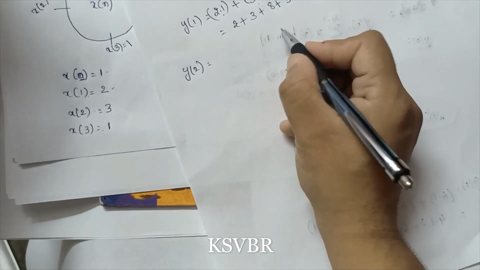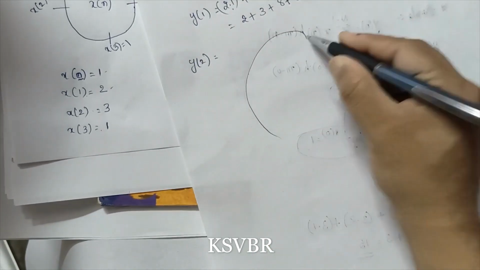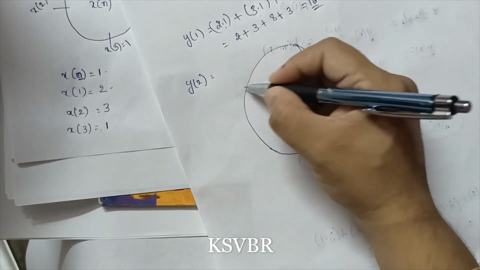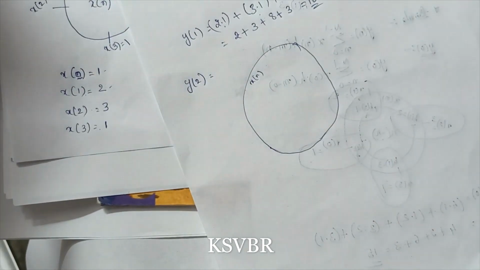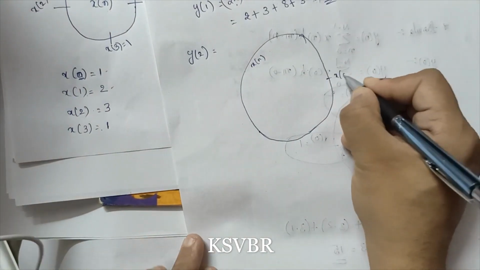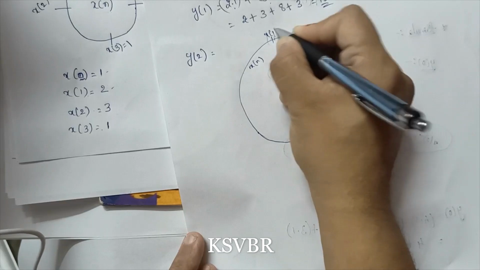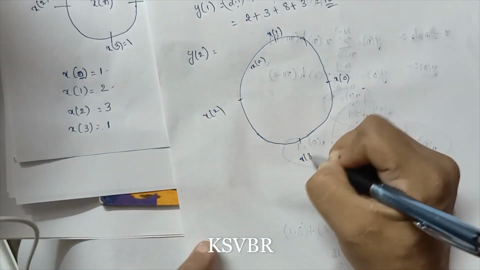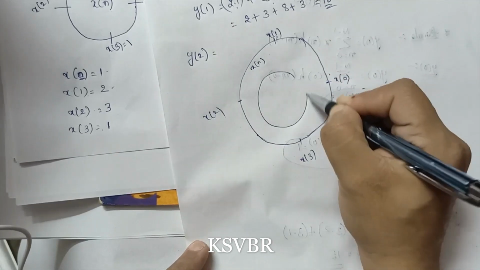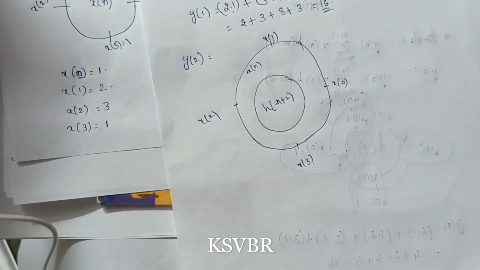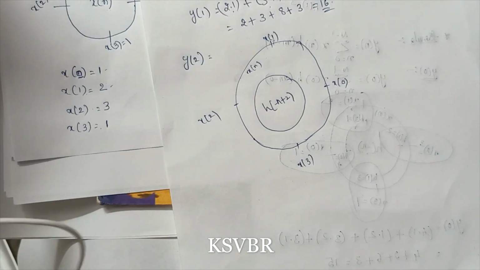So y of 2 is nothing but, this is x of n: x of 0, x of 1, x of 2, x of 3. As per the formula, it will be h of minus n plus 2, right? We have already discussed in class.